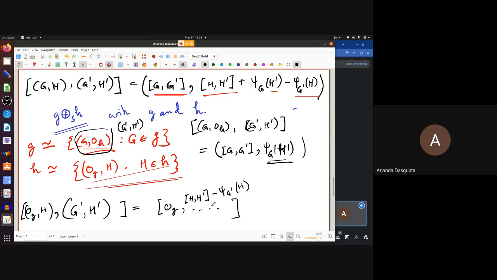So you will not get H bracket H', but you don't want that. All you need to ensure is this: when you take a Lie bracket of (0G, H) with any element from the semi-direct sum, you are going to get an element in small g. That is, an element with 0G as a first element. So small g is not an ideal.